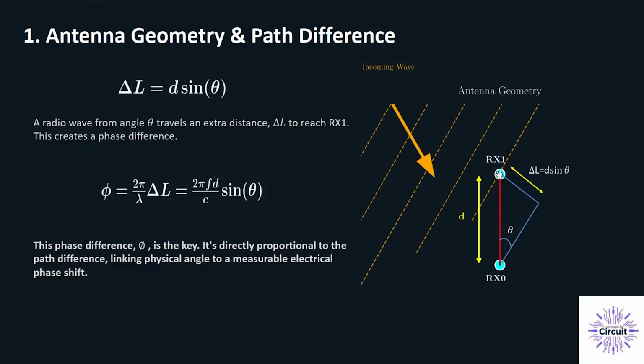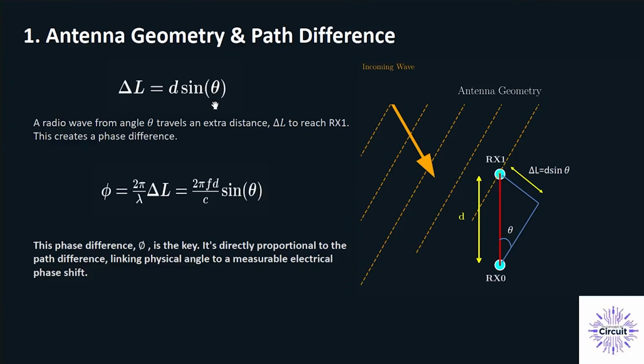The distance between the antennas RX0 and RX1, we call D. Then based on D and theta, we can find the delta L that this plane needs to travel after it hits RX1 until it reaches RX0. This delta L will be sine of theta multiplied by D, as shown here. So delta L is equal to D sine of theta.